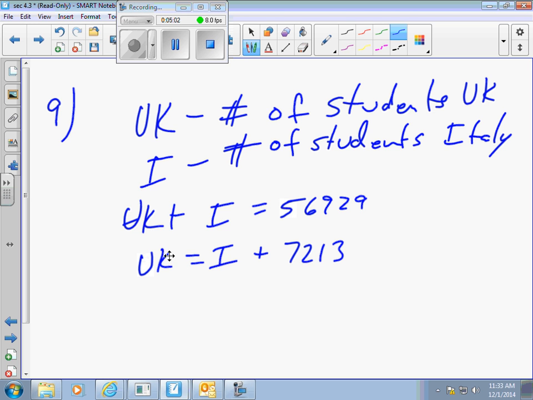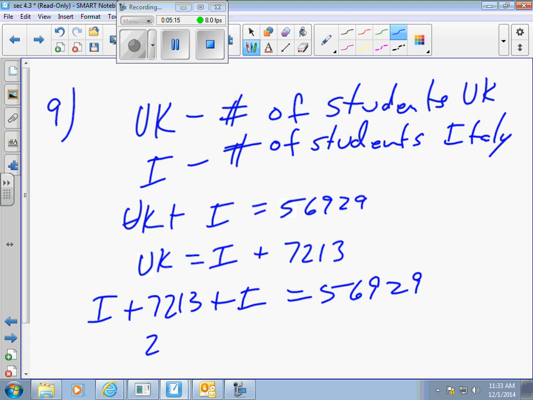And you would be able to use substitution, and I would get I plus 7213 plus I equals 56,929.